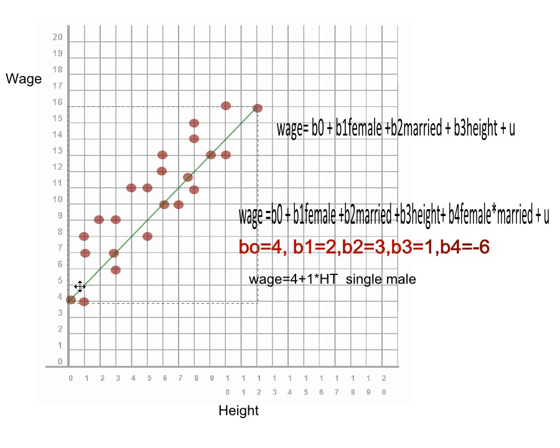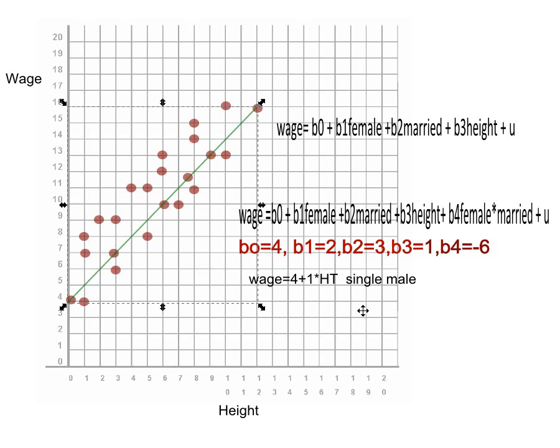So this green line is for males who are single. And the y-intercept is 4 and the slope is 1. For each additional inch, the wage goes up by 1 unit or whatever here. And so the green line is a relationship between height and wage for single males.